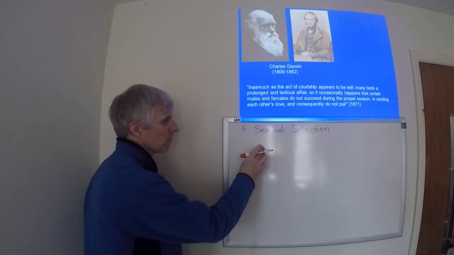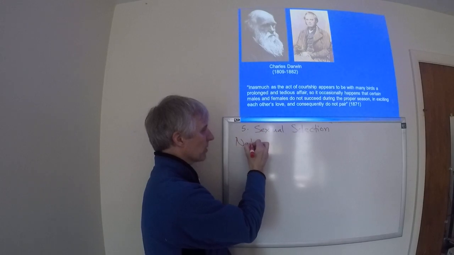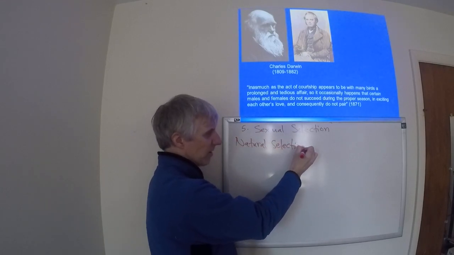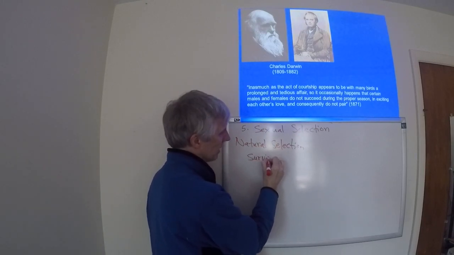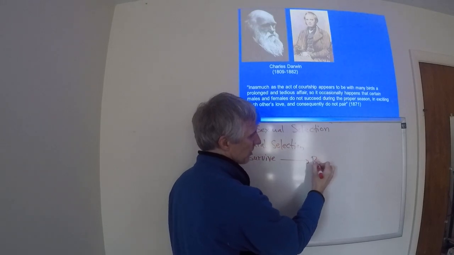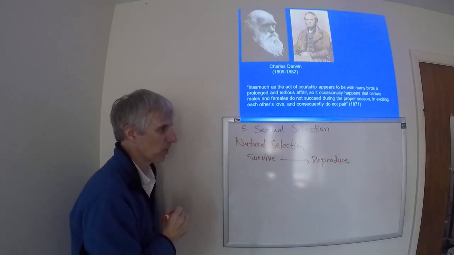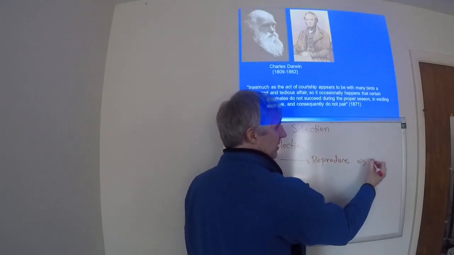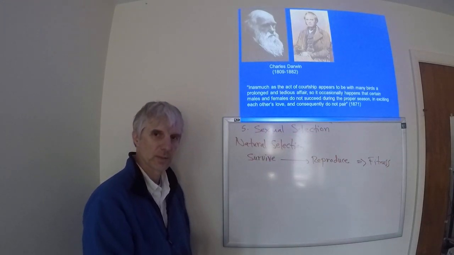So to understand what Darwin's saying, let's go back to natural selection, which Darwin considers to be different from sexual selection. In natural selection, the idea is organisms need to survive, and then once they've done that, they can reproduce, and that this yields fitness in organisms.